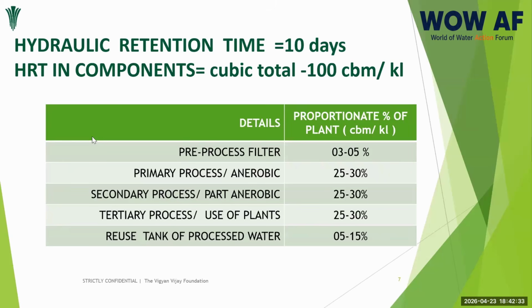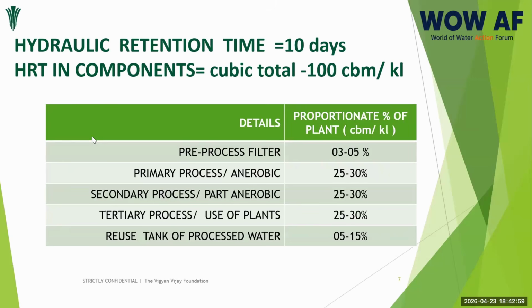This pre-process mechanism is the directional chamber or a big screen filter, and that is given on a twin basis, so that one day one is being used, the other filter is in cleaning, and next day it is changed over. And the tank capacity would be about 3 to 5%.